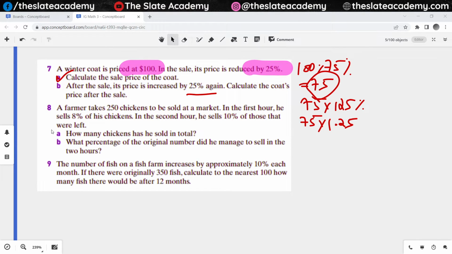So this is 93.75. 7B, Miss Noor, 7B is incorrect. It would be 93.75, and I've just shown the solution. Do you understand this?